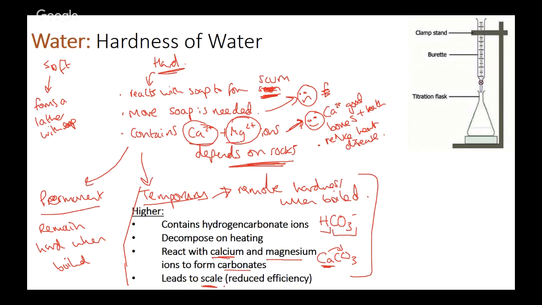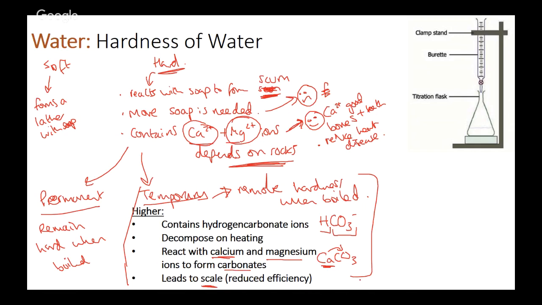So you might have had a look at the bottom of your kettle before and seen limescale. Well, that's just this calcium carbonate precipitate being produced, because the temporary hard water is only temporary and is causing these calcium ions to be removed from the water.